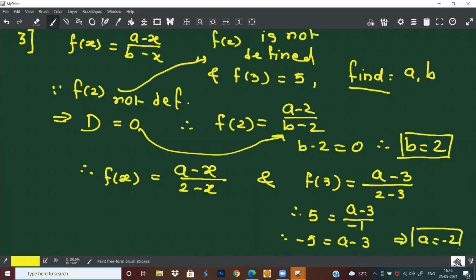So the answer is a is -2 and b is +2. Correct?